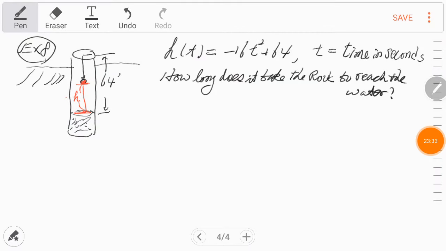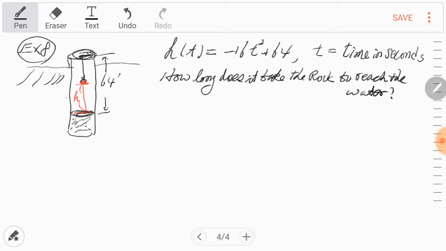Okay, here is a word problem about a free-falling object. Here's a well, and you are dropping a little rock from the top of this well, and there is a water surface at the bottom.